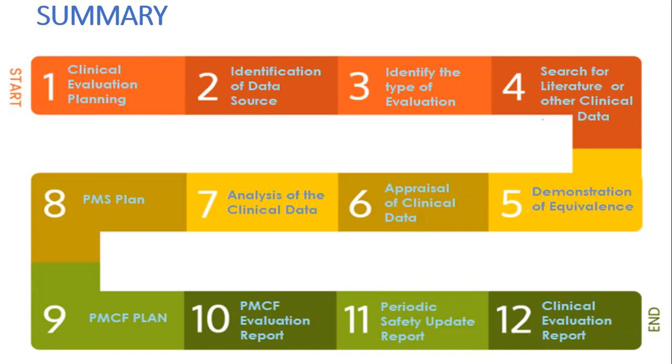Then search for the literature or other clinical data, demonstrate the equivalency, appraise the data, analyze the data, then go for the PMS plan, PMCF plan, PMCF evaluation report, and PSUR. The periodic safety update report is for higher classes, class 2B and 3, and sometimes class 2A. Finally, we write the clinical evaluation report.